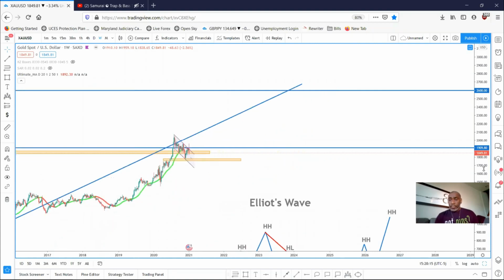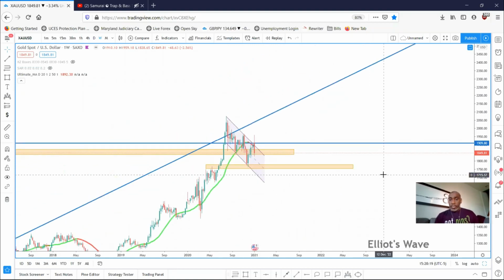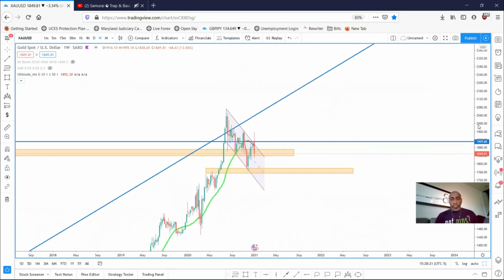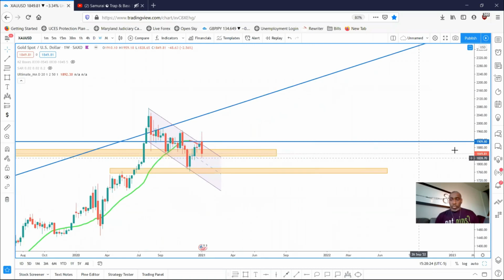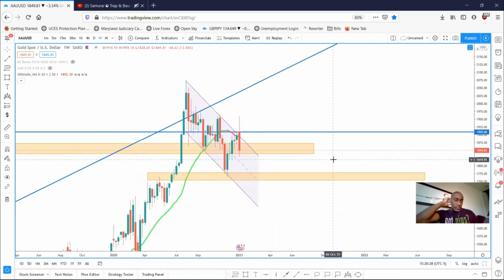Now, if we look closer to this situation, what do we see? Somebody talk. Is this a channel? Ascending channel? It's a channel.